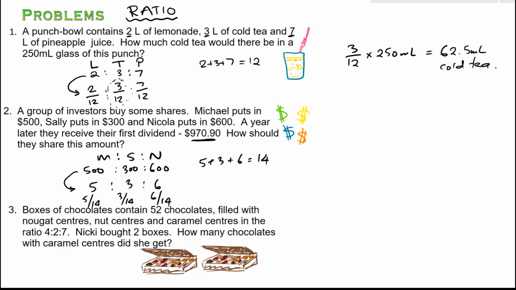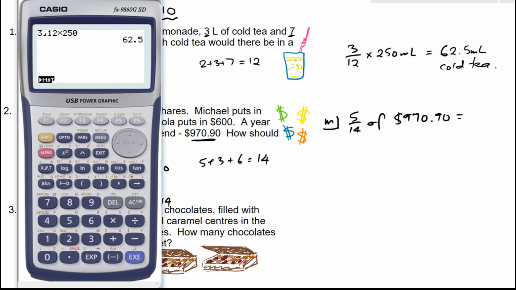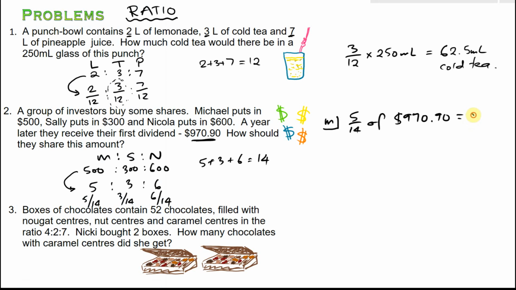So we want to share out this $970.90 according to this ratio. So if we start with Michael first, Michael gets 5/14 of $970.90, which will be $346.75.